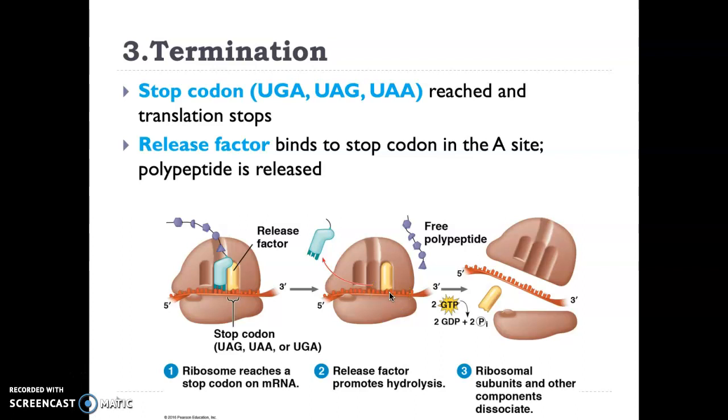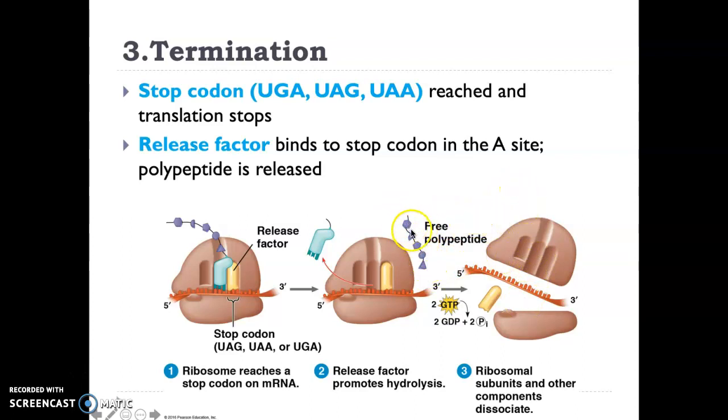There is an amino acid for the start codon. It's Met. But for stop codons, you just have this release factor that binds with it in the A site, and then that lets the ribosome know, okay, we've done our job. We have created this polypeptide right here, and now we're just going to break apart. We're done with our job.